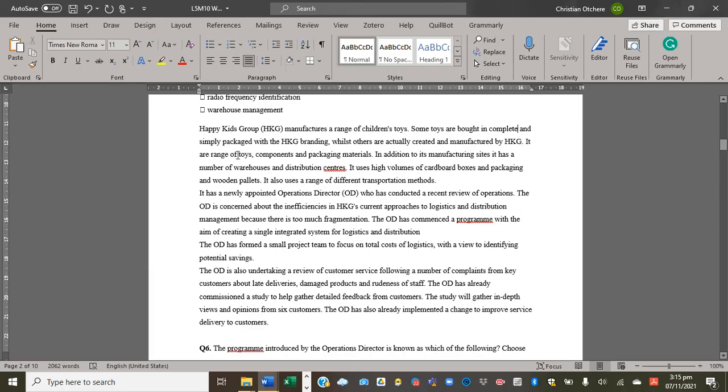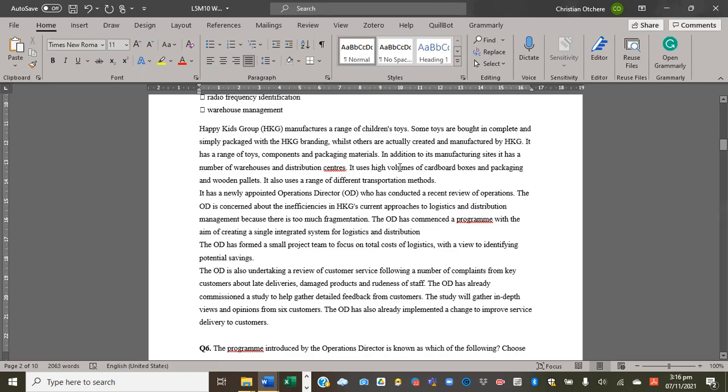It has a range of toys, components, and packaging materials. In addition to its manufacturing sites, it has a number of warehouses and distribution centers.